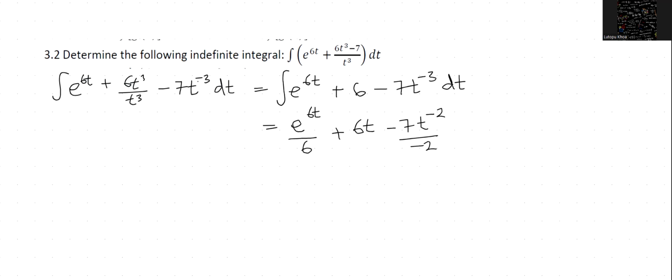Then don't forget to add the constant of integration. So this is 1 over 6 e to the power of 6t plus 6t. Then negative and negative will give us positive 7 over 2 t squared plus c.